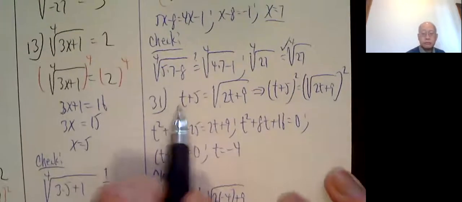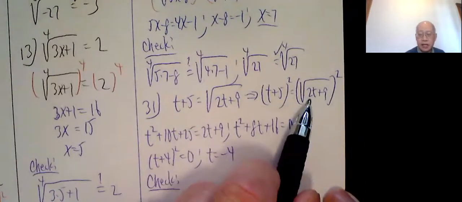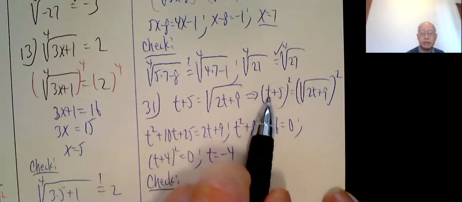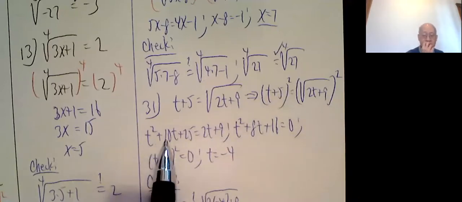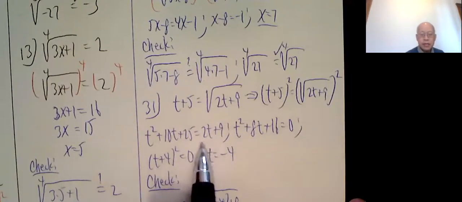Okay, 31. When it's like this, square both sides. It's actually easier to square the right-hand side. Just take off the square root. This one's a little harder. Use the shortcut formula: a squared plus 2ab plus b squared is how you square that. So t squared plus 10t plus 25 equals 2t plus 9. Subtract 2t on both sides.